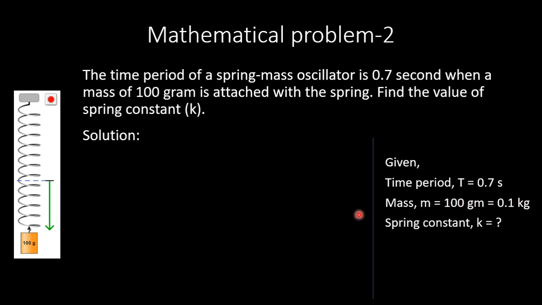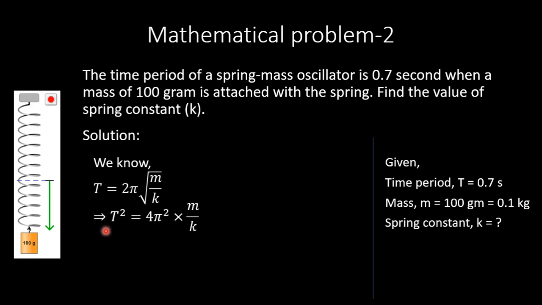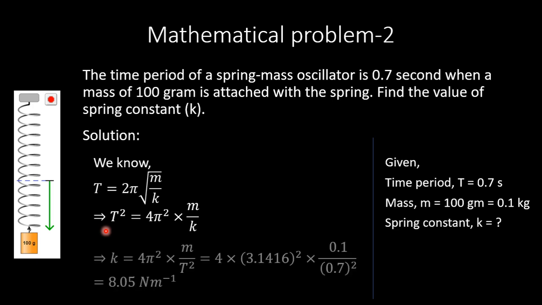What is the value of k? So when we put the values in the formula, T equals 2 pi root over m by k, we can determine the value of k from here, and as a result we find the value of k as 8.05 Newton per meter.